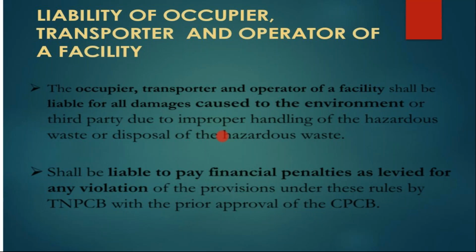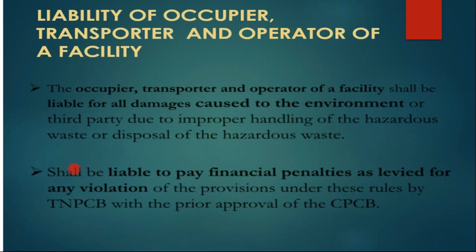But in case it is not followed, or due to improper training, or due to some emergency situations, or due to some unsafe acts and practices, there may be adverse impacts on the environment or on human beings, then that is the responsibility of that occupier, transporter, or the operator, depending on the case where it happened.